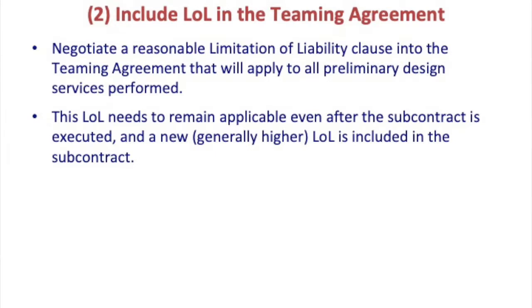Very important clause. The other important clause to add is a limitation of liability. So what we like to do is, if this is going to be a multi-million, or actually I'm working on billion-dollar projects now, what I recommend is that in the teaming agreement, the parties agree to a reasonable limitation of liability clause that has a much smaller limitation amount than what you may ultimately put into the actual subcontract agreement.